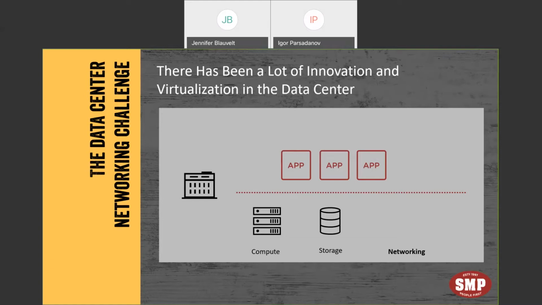And storage has seen similar virtualization now with things like vSAN and hyperconverged infrastructure, where we're able to virtualize the storage, abstract it, and present it to our workloads. With that, we get better efficiency. It's more agile. We can quickly stand up workloads. So we understood long ago the efficiency and the agility that virtualization could bring to the data center.